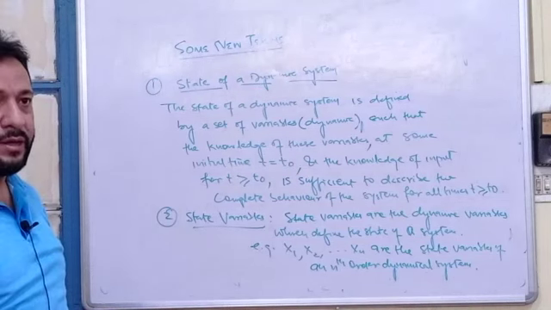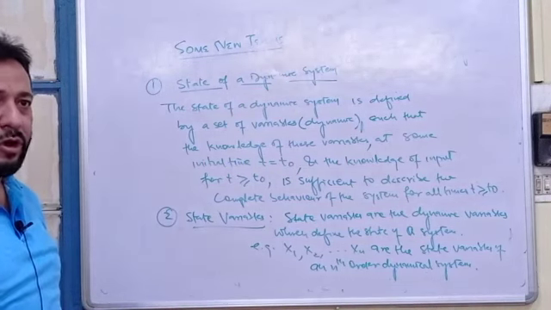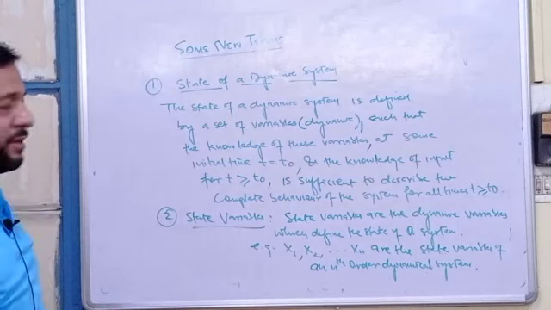Third is state vector. If you put these state variables in a column vector, that is known as the state vector.